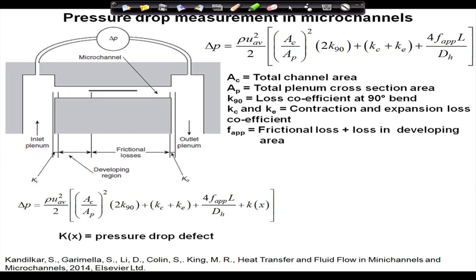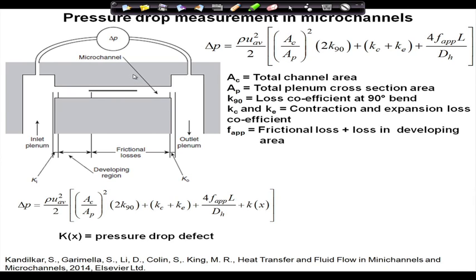The first thing is that it is quite obvious that the pressure drop in this case is primarily frictional, isn't it? The conventional technique of measuring pressure drop is to connect the tappings to the inlet plenum and the outlet plenum and measure the pressure drop between these two, because it is very difficult to make pressure tappings at the intermediate positions.